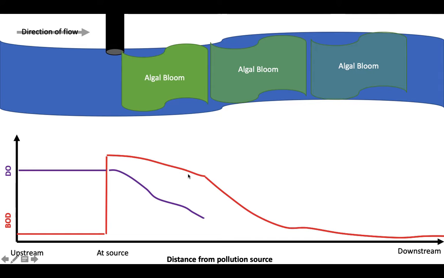In fact, the demand for oxygen is going to continue to be higher than usual, because decomposition is still going on, so the oxygen is going to continue to dip. But ultimately, as oxygen demand and decomposition return to normal, so will the dissolved oxygen levels if you get far enough away from the source of the pollutant, right?